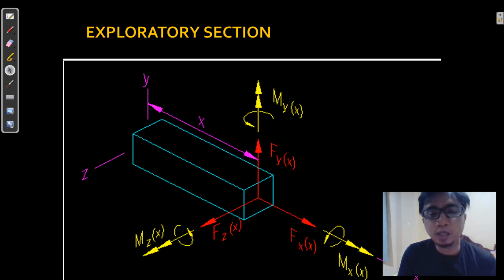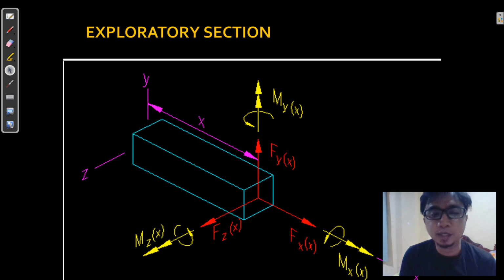So to give you an idea of the type of forces here, let us have an exploratory section of a certain parallelepiped. So we have here three different axes. An axis that is parallel to the member.